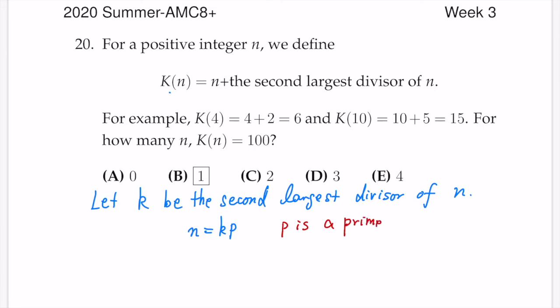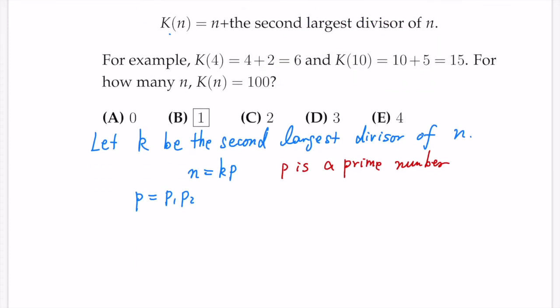Why? Because if it's not the case, then we can write p as p1 times p2. If we assume that p is not a prime number, then both p1 and p2 are not equal to 1. Because of that, we can rewrite n as k times p1 times p2.